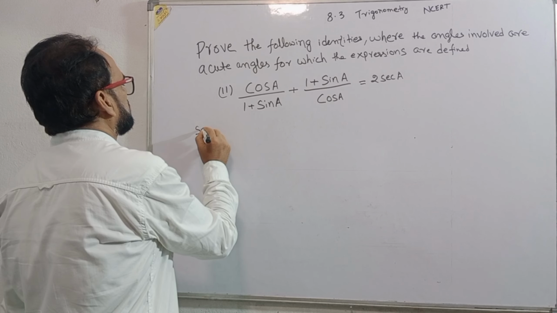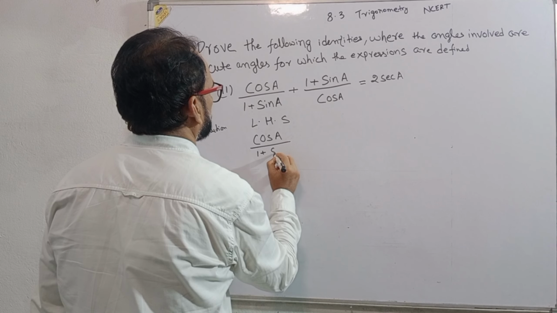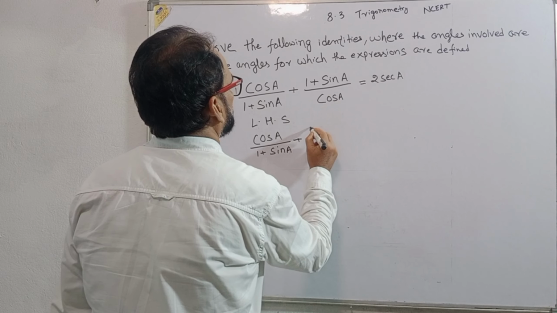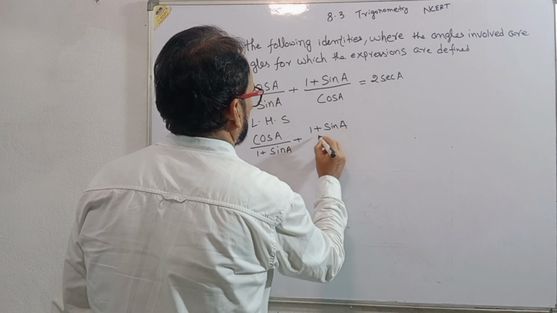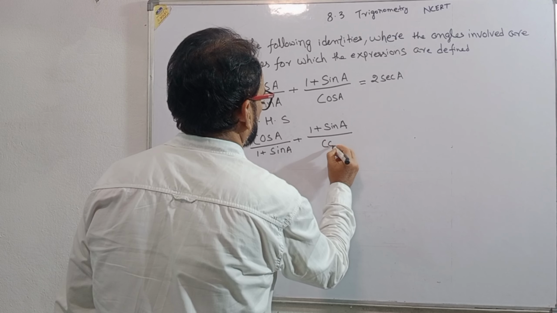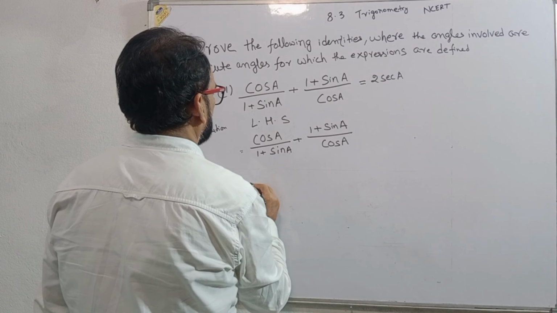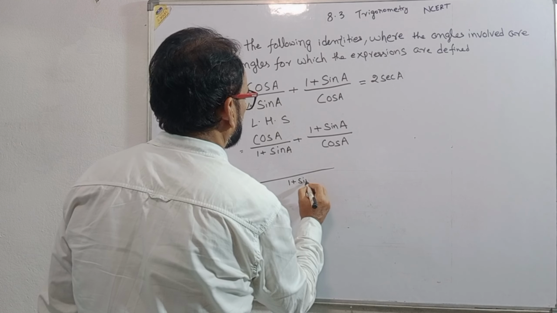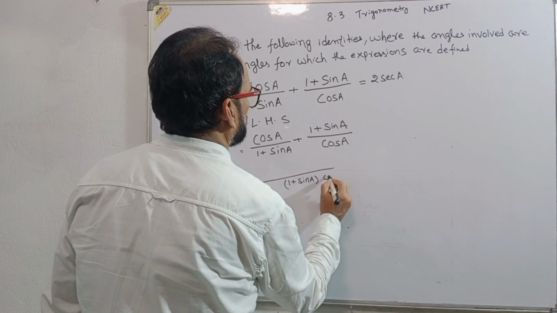LHS: cos A divided by 1 plus sin A plus 1 plus sin A divided by cos A. Take LCM, 1 plus sin A into cos A.